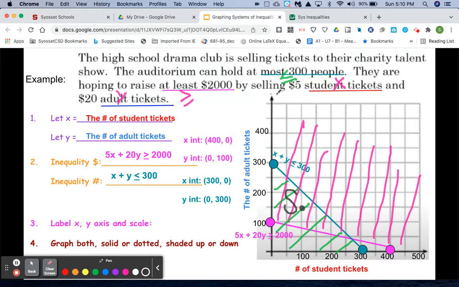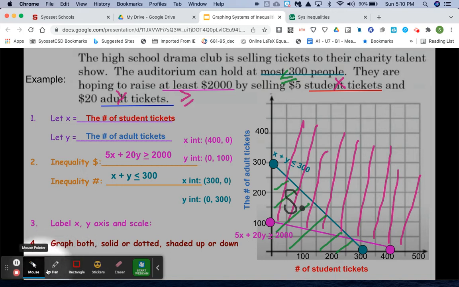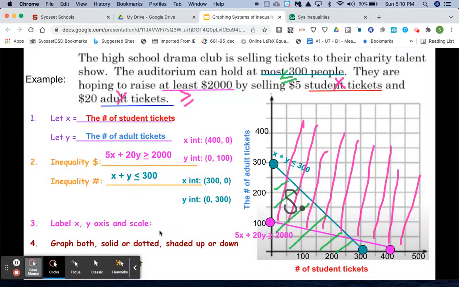You would make $2,000 at least, and the auditorium would not hold more than 300 people. If I have 100 student tickets and 150 adult tickets, there's my point, right in the solution set. And that should satisfy both inequalities.